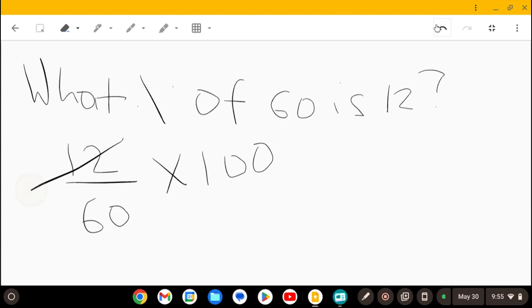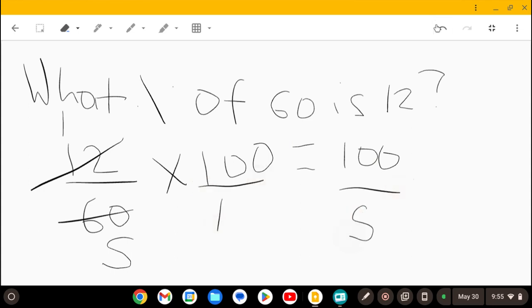12 goes into itself one time, 12 goes into 60 5 times, right? You could multiply 12 times 100 and divide that by 60, but I prefer to simplify as it makes it easier. And now I'm going to multiply from numerator to numerator, denominator to denominator. 1 times 100 is 100, and 5 times 1 is 5.